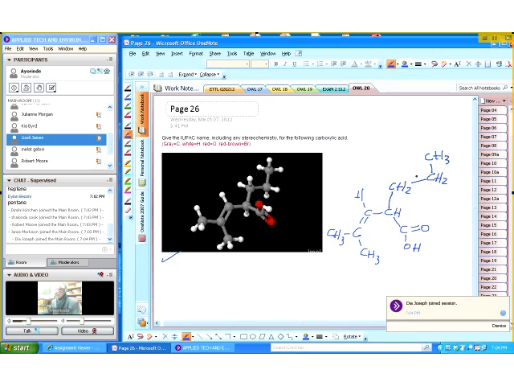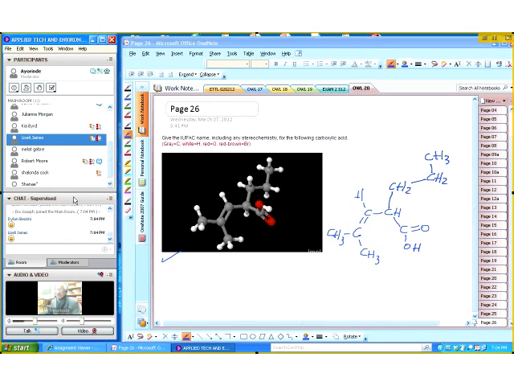Now, if you see the structure that I have drawn here, give me a happy face. Okay, I see a bunch of happy faces. Very good. So that means that you all see this.